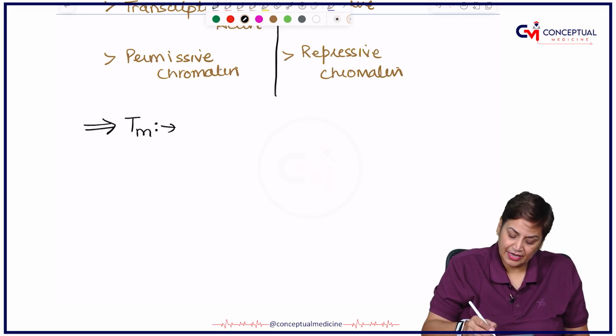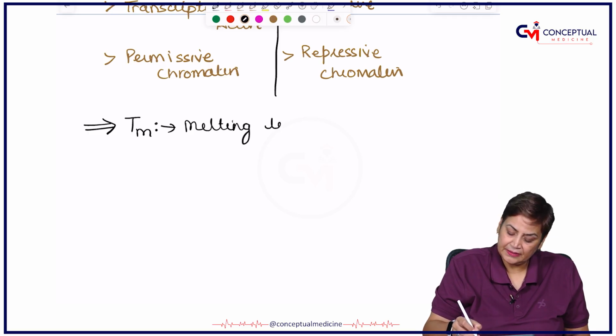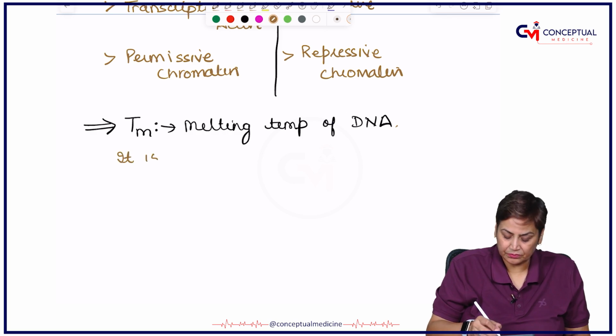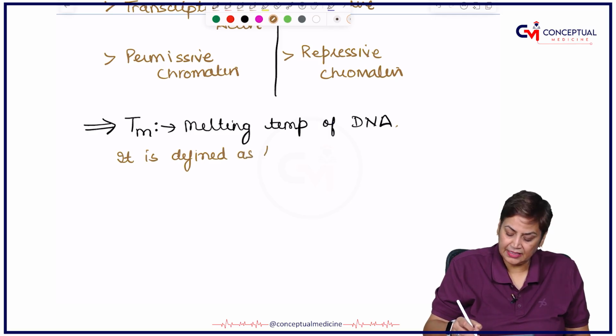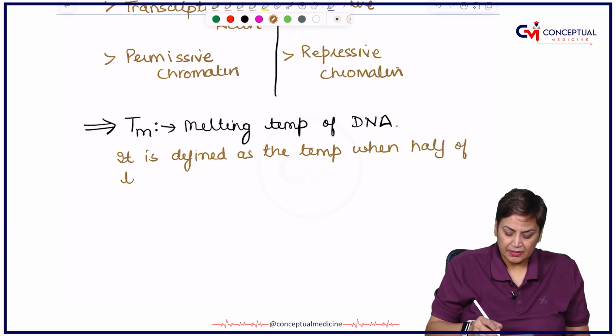So what is Tm? It is the melting temperature of DNA. How do we define this temperature? It is the temperature defined as the temperature when half of the DNA strand is denatured.